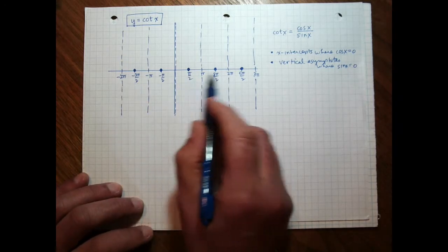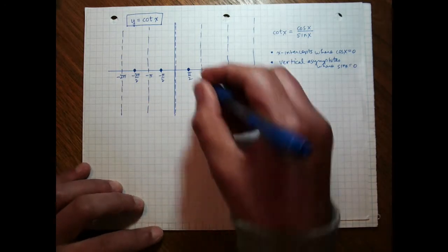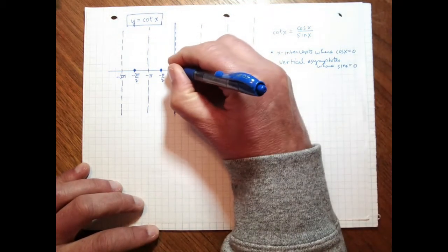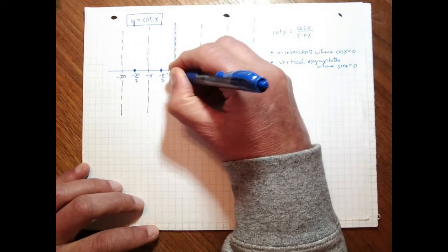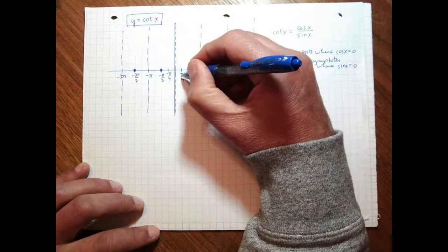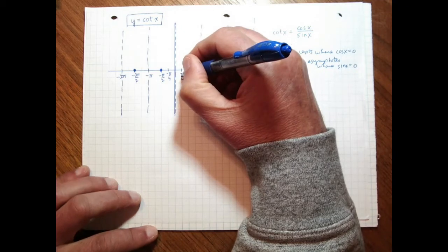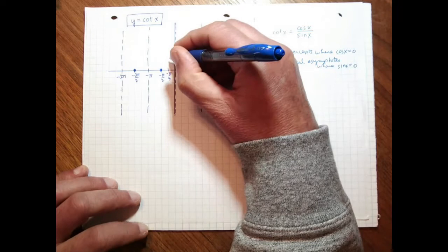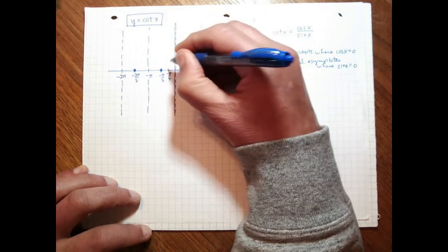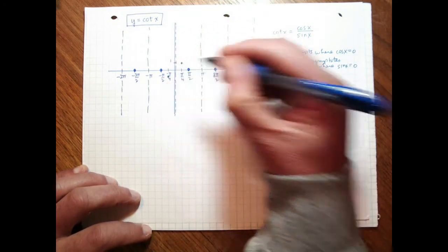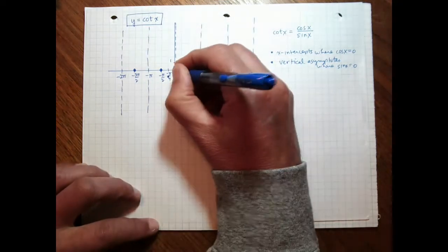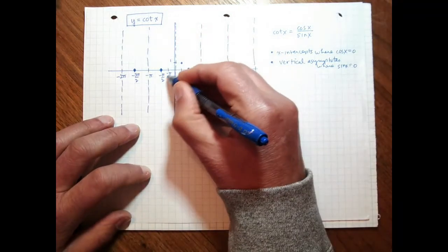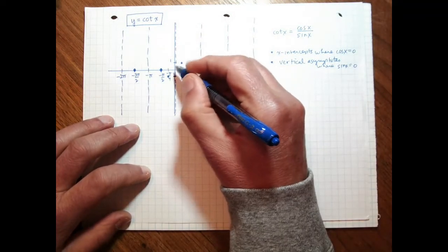Now we've got to fill in the branches of the graph. And here it's real easy to make a mistake. If we think about pi over 4 and negative pi over 4 again, the cotangent of pi over 4 is the same as tangent of pi over 4. It's positive 1. And the cotangent of negative pi over 4 is negative 1. Now, the graph does not pass through the y-axis here.